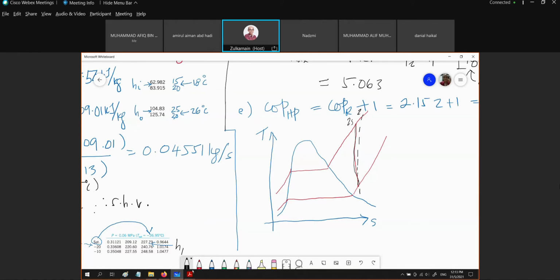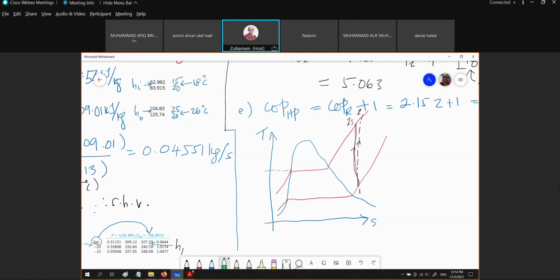Okay. Kalau kita lihat our compression process is non-adiabatic. Maknanya ada heat gain. Jadi maknanya sekarang ni dia bukan isentropic process. Right? So 1, 2 is the dotted line, that is the actual process for the compressor. And then 1, 2S ni adalah the isentropic. And then kita dapati bahawa kita subcool. Okay. We have a subcooling at our condenser outlet.